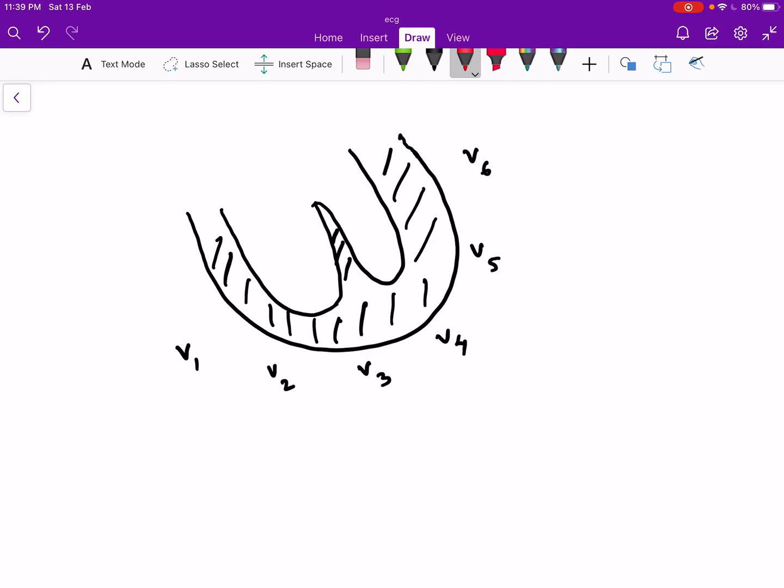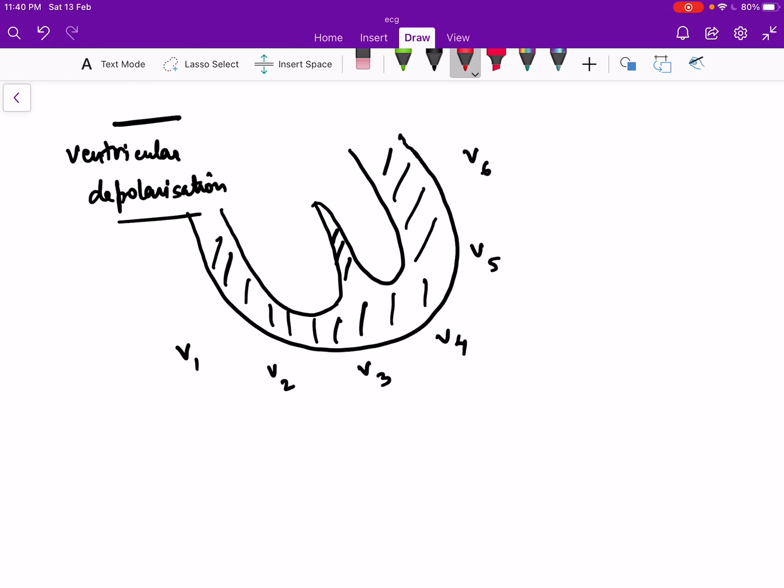Whenever there is activation of the ventricle, whenever there is ventricular depolarization, we should see how this depolarization actually happens.